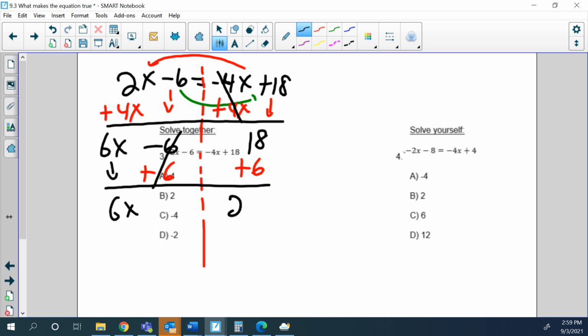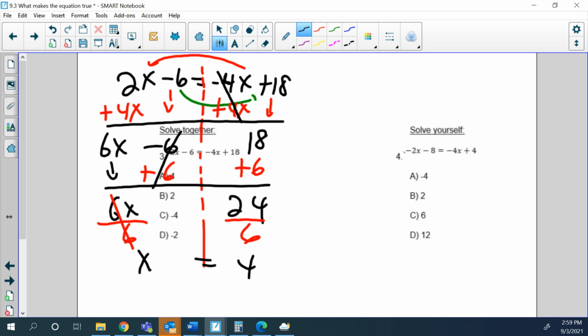That gives me 24. Now I'm almost at the end. I have 6 times x. I want x by itself, so I have to do the opposite. I'm going to divide by 6 on both sides. That cancels out. I'm left with x is equal to 24 divided by 6, which is 4.